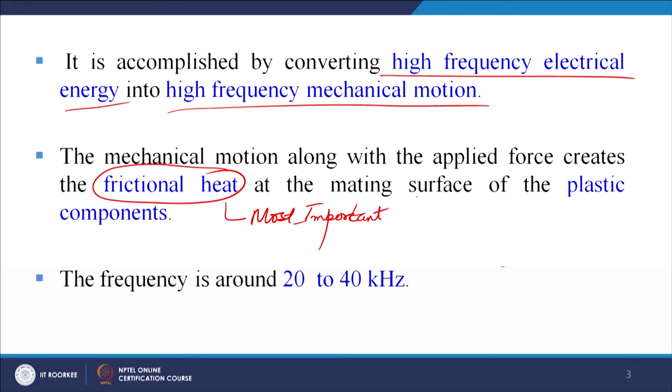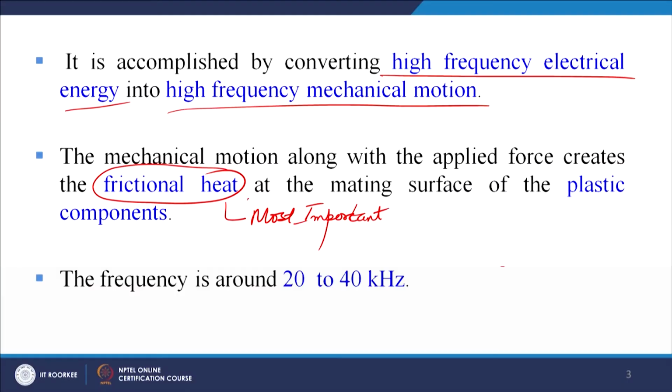So when the electrical energy which is supplied to the equipment is converted into mechanical motion at high frequency between the two adherents to be joined, when they rub against each other, heat is created, and this frictional heat is used to join the two thermoplastic parts together at the mating surfaces of the plastic component.